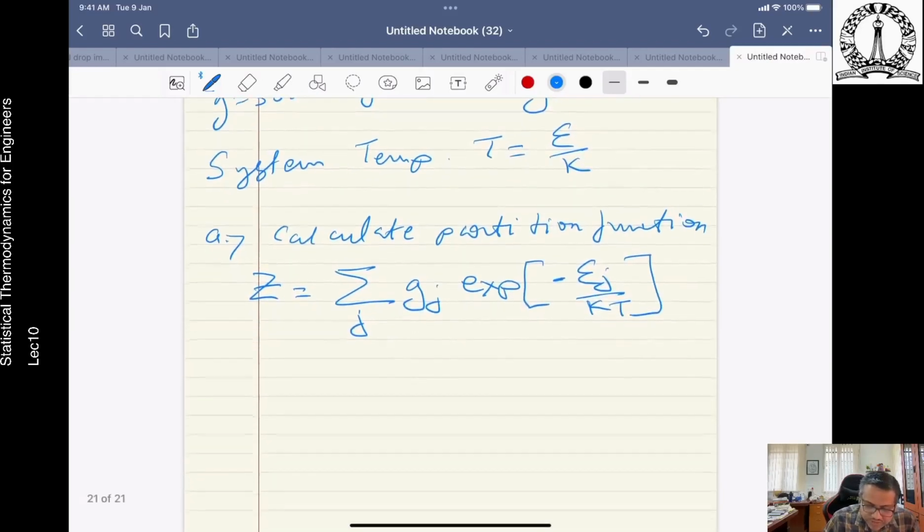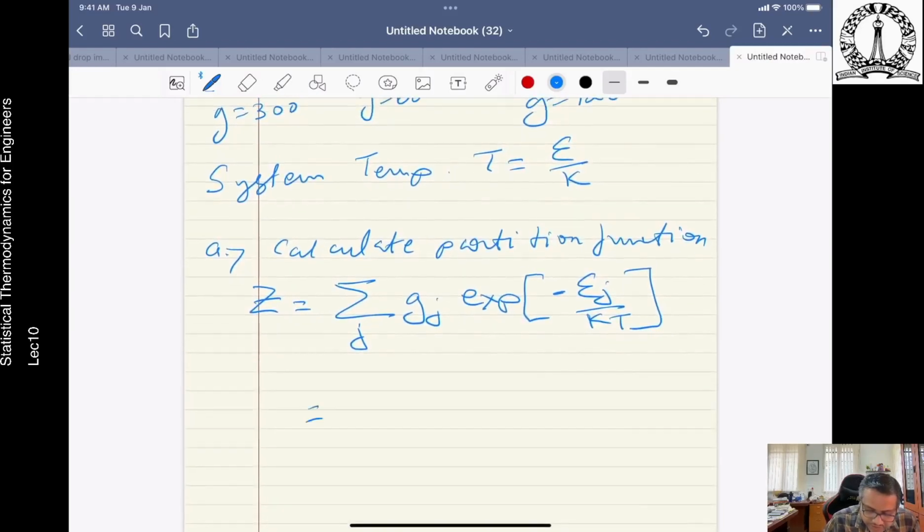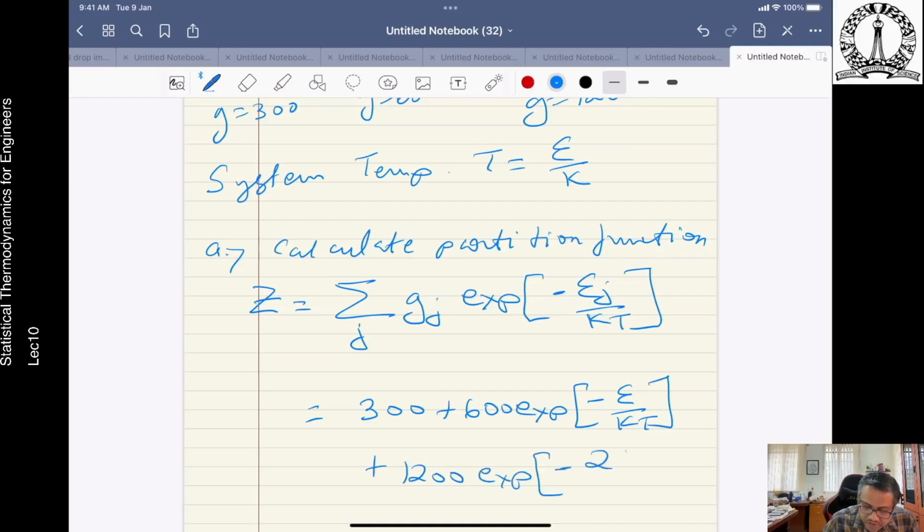Now this can be written out. There are 3 energy levels, as we know. The first one is 300 because the energy is 0. The second one is 600 times exponential minus E by kT. The third one is 1200 times exponential minus 2E by kT.